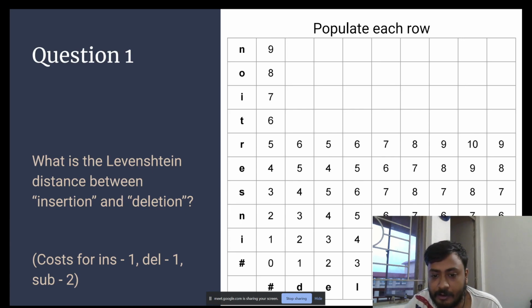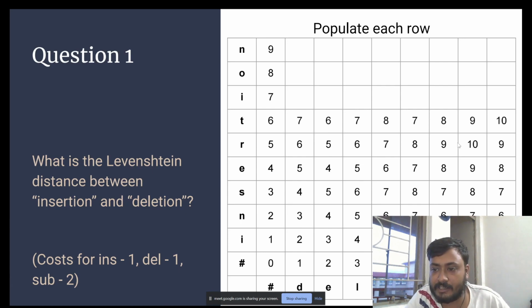That is true. What you need to remember is that any cell represents the edit distance between whatever word you have up to that point on both axes. So for example, this 5 represents the edit distance between DEL at the bottom and INAC at this side. So the edit distance between INAC and DEL is 5. That is what each box represents effectively.